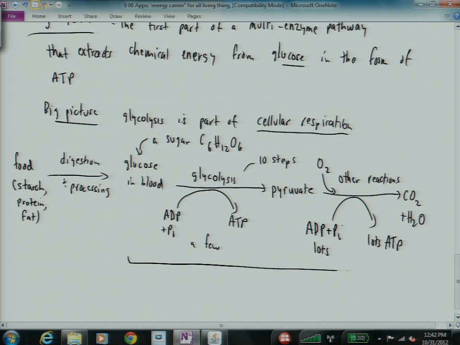So the big picture for all those reactions, it's a bunch of chemical tricks. You could take glucose and react it with oxygen. You can burn glucose. It would burn. Wouldn't do you any good in your body. Make a flame, it would burn you, it wouldn't get you much energy. The sneaky trick your body does is lets that reaction happen. It burns the glucose to carbon dioxide and water just like it would if you set it on fire, except it happens at body temperature, and you're able to extract tons of energy out in the form of ATP.